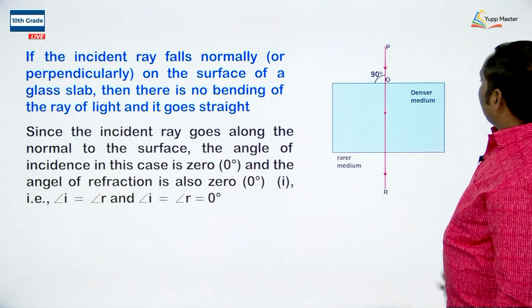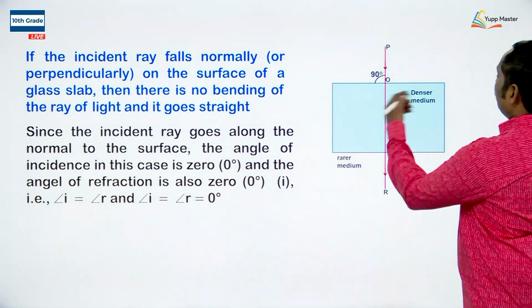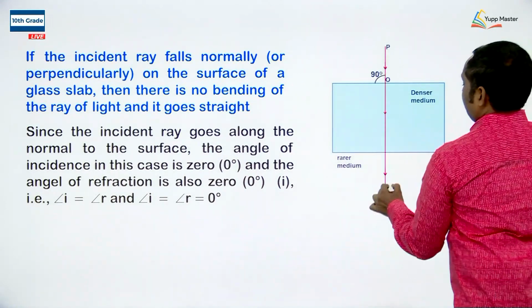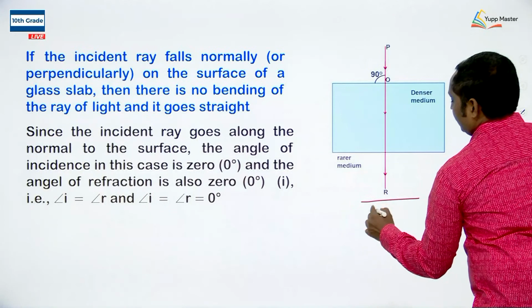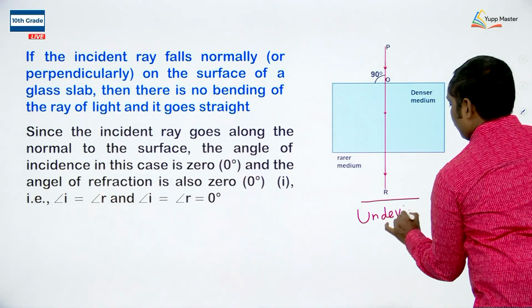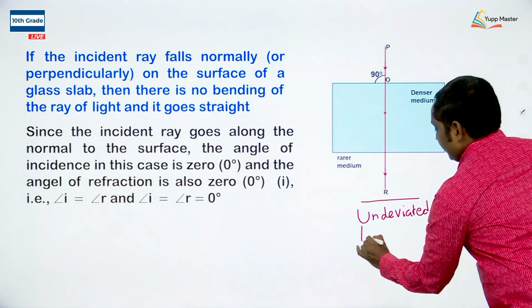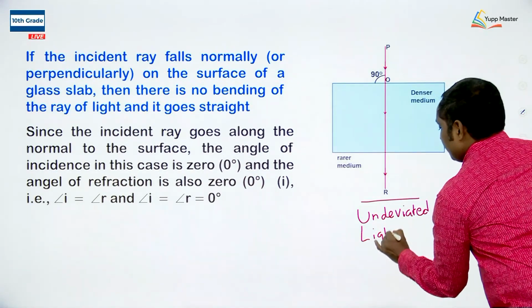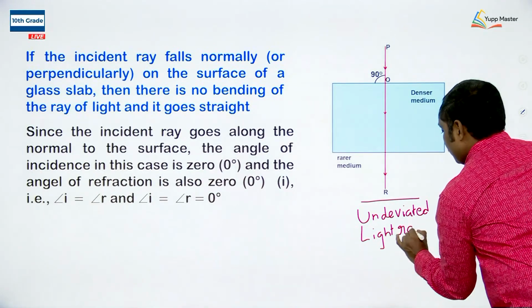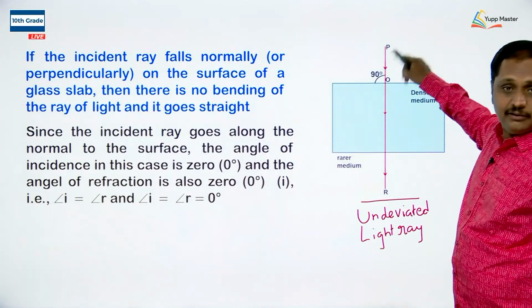Please have a look at that matter. It is going to be incident normally. Now, you will find that it is undeviated. This is the undeviated light ray with respect to the normal.